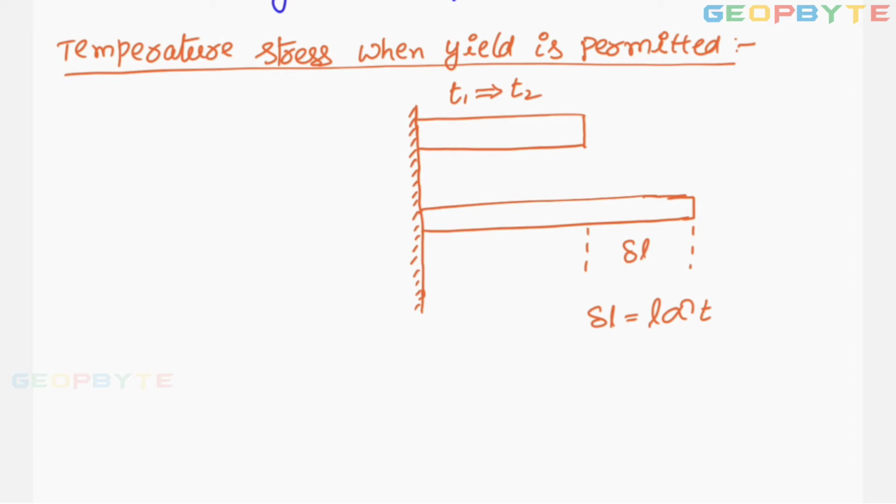Now, if I allow some expansion, then there is a restriction that permitted yielding is delta. Delta be the permitted yielding, then the change in length caused for temperature stress, delta L dash, equal to L alpha T minus delta, where delta equal to permitted yield.